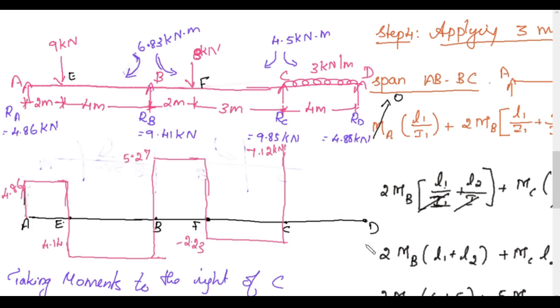At D you will have 7.12 minus 12, that is 4 into 3 is 12. So plus 7.12 minus 12 we get minus 4.88 kilonewton. So again it is 4.88 at D. So minus 4.88 plus 4.88 we get 0. So this is our shear force diagram.